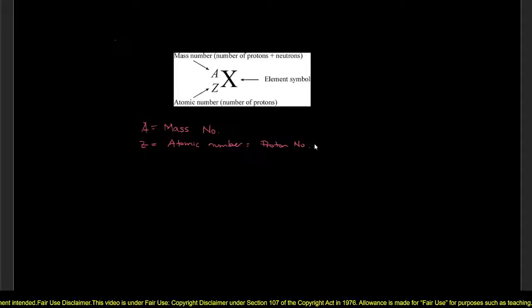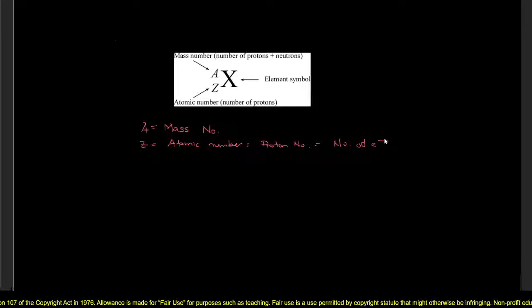We're also going to take note of the fact here that atomic number is equal to the number of protons, and that an atom is considered to be electrically neutral, meaning that the number of protons is also equal to the number of electrons found in the atom.